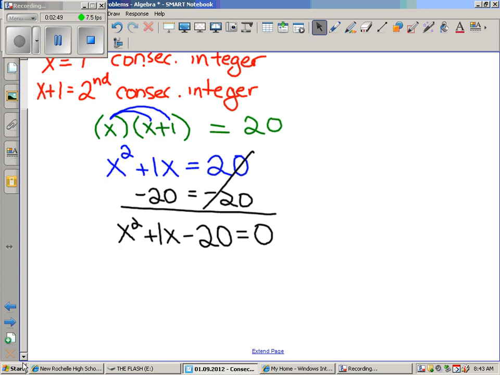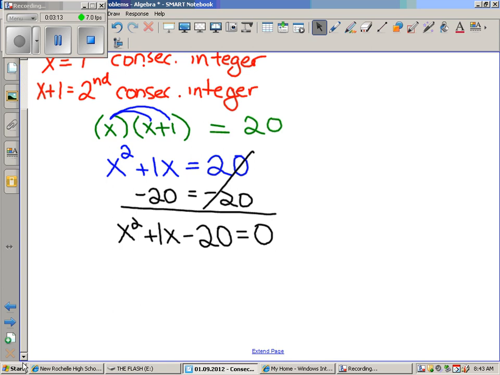Okay. What's the next step? It starts with an F. Factor. Do you know two numbers that multiply to be negative 20 but add to be 1? Is it positive 5, negative 4?